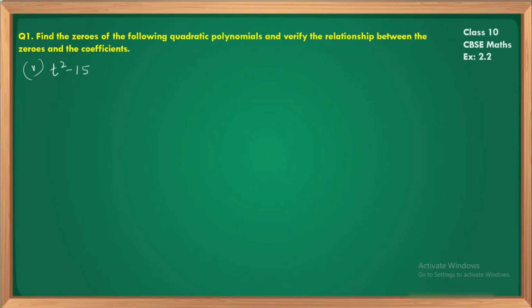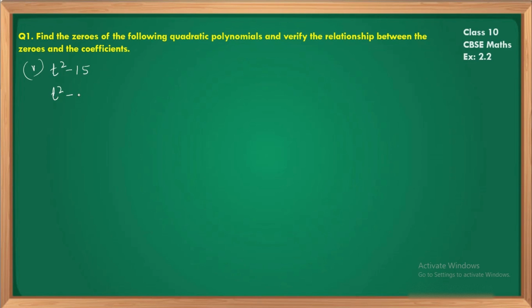We are going to attend the fifth sub question in question number 1 of exercise 2.2. The question is t square minus 15. Now our duty is to find the zeros of this equation and verify with zeros and coefficients. So first let us start by finding the zeros of this equation. T square minus 15, if you write it down, it becomes a little difficult to solve.